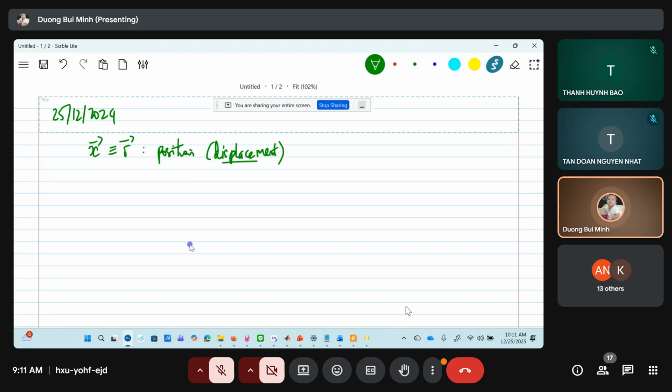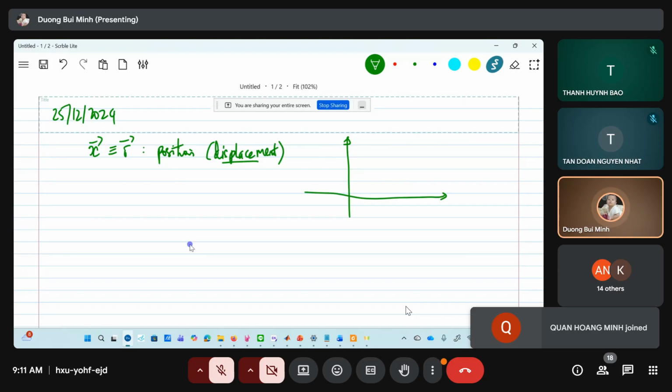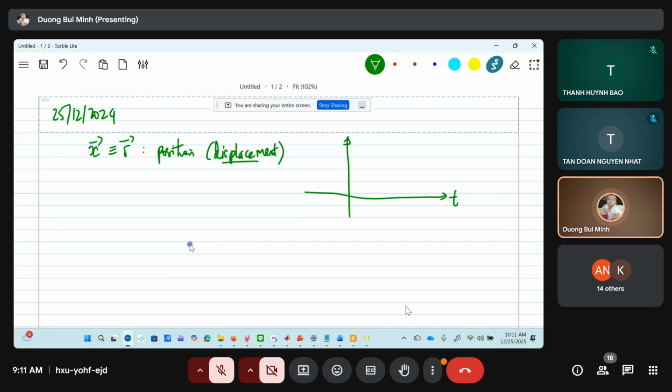Remember, when we consider displacement, that means you should have the coordinate. Normally the x-axis is time and the y-axis is position.